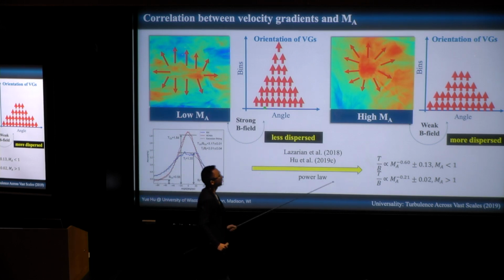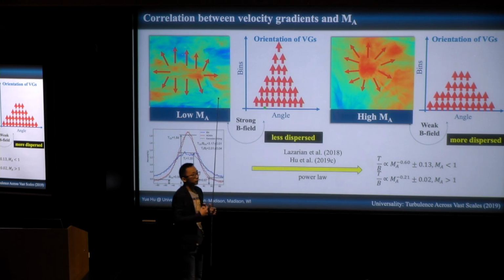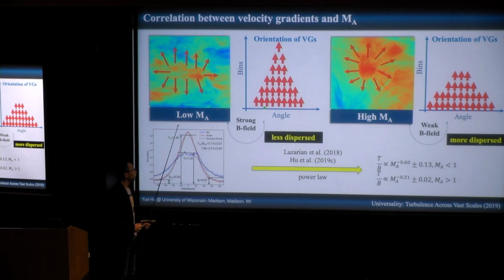However, for a weak magnetic field case, the orientation of velocity gradients gets more dispersed. And we find there is actually a clear power law between the M_A and the histogram of the velocity gradient orientation. Here T is the maximum value of the histogram and B is the minimum value. And from those two formulas, what can we do?